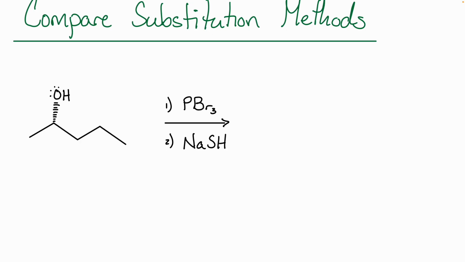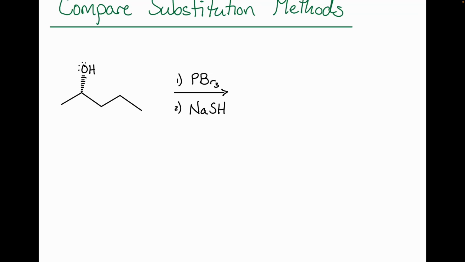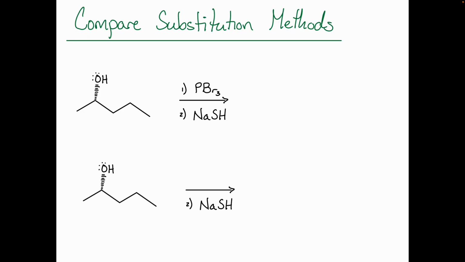And then let's do the same thing, starting out with our same alcohol here, but instead of converting it to an alkyl halide to make it a good leaving group, let's use that tosyl chloride.